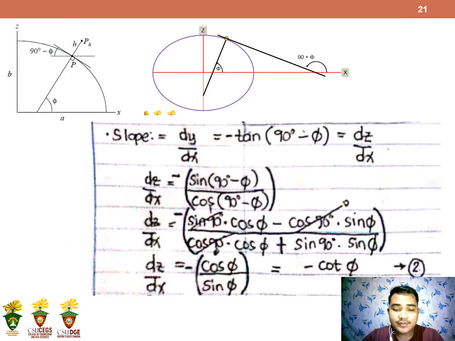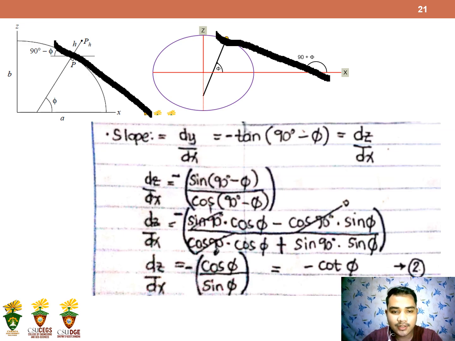Next, we are going to get the slope of this line, this line here class. To get this, we all know that slope is equal to the derivative of rise over the derivative of run, or dy over dx.